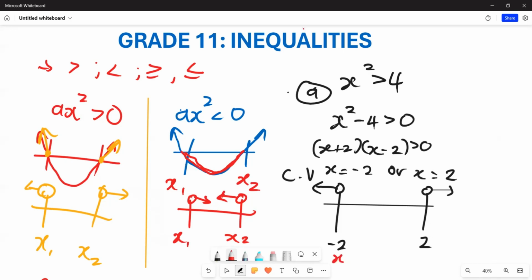Which means your x here must be less than -2. Or in this case, your x here must be greater than 2, because values that are giving us anything above 0 are going to be values that are greater than 2. So basically, this is how we are going to do this one, right?